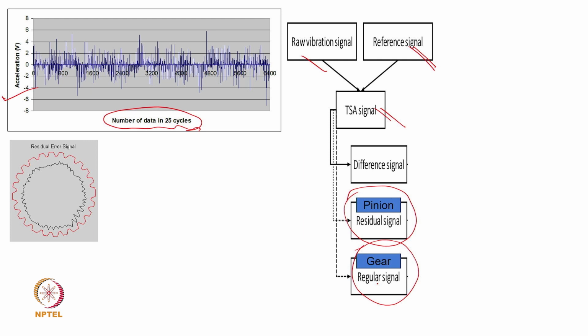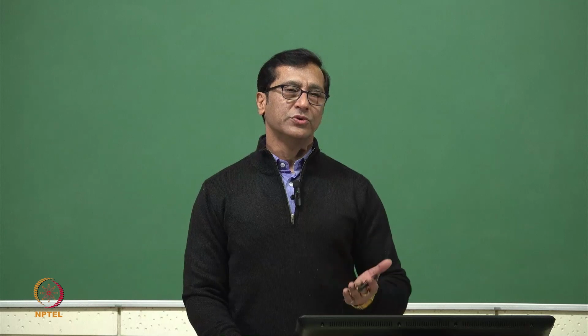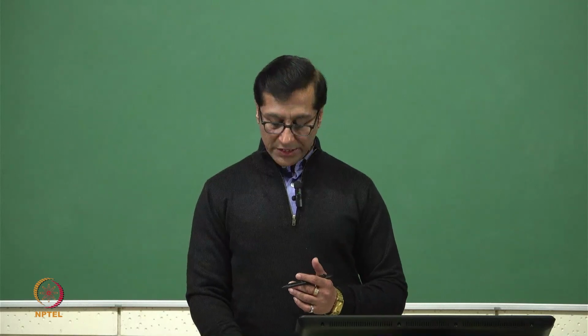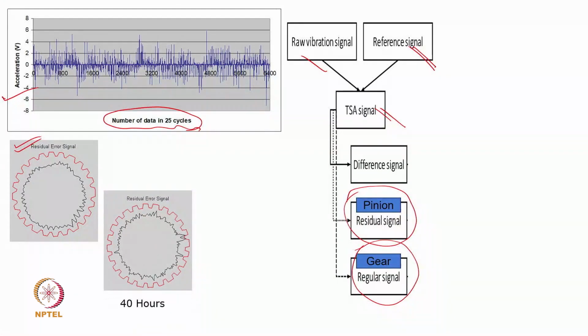In this case particularly you can see the residual signal for the pinion, because the pinion has a more chance of wearing out. Of course from a contact point of view, pinion and gear are the same, but I have seen mostly the pinion gets a little more damage compared to the gear. Here you can see the residual initially at 0 hours. This is noise, this is noise, this is noise.